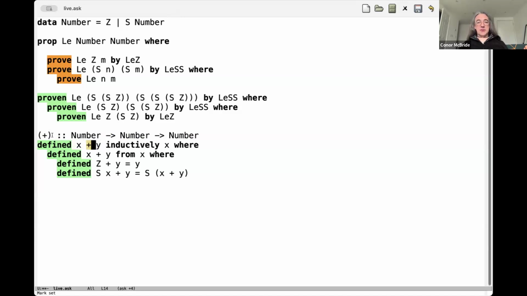When you want to talk about them as a thing in their own right, so when I want to say plus is a function that takes two numbers in and gives a number back, the thing itself gets talked about by putting it in parentheses.